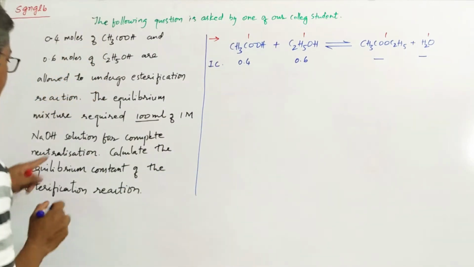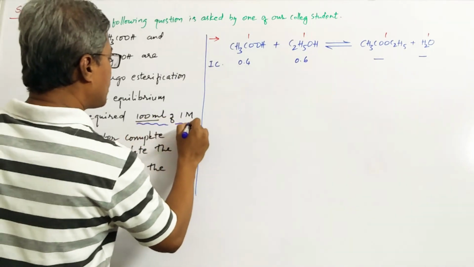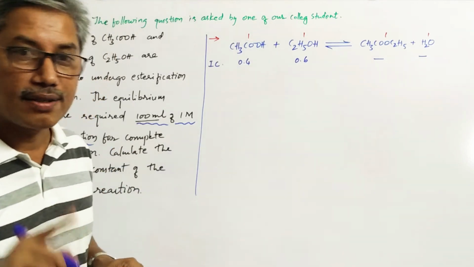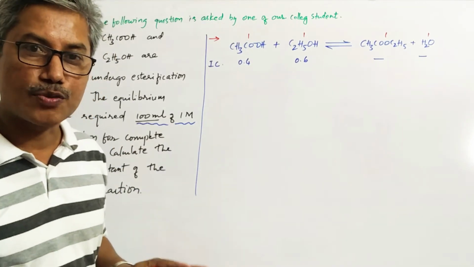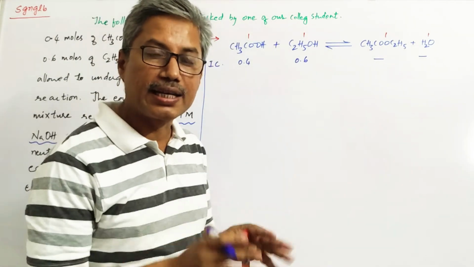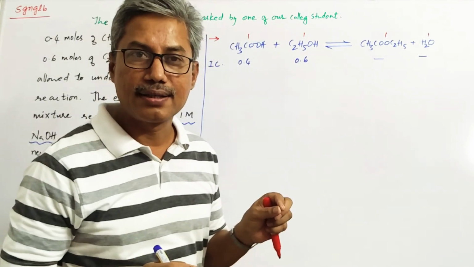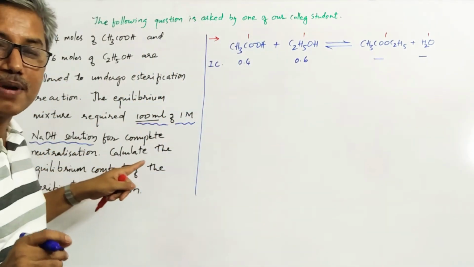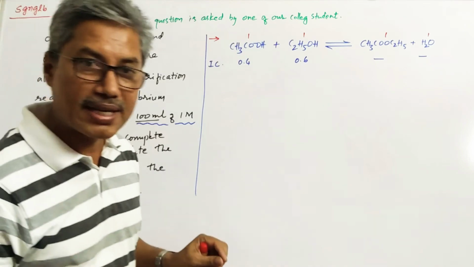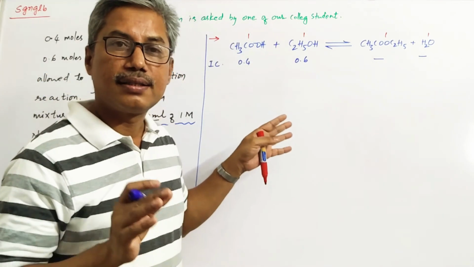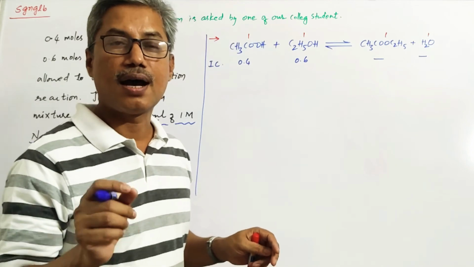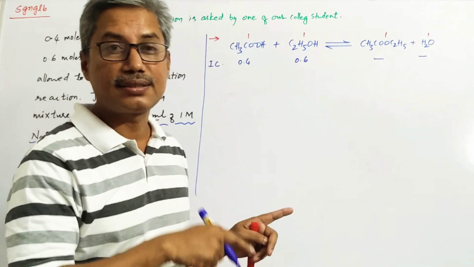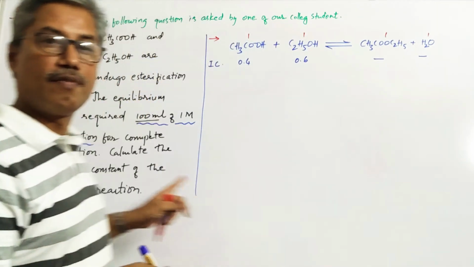See here, 100 ml of 1 molar sodium hydroxide solution is required for complete neutralization. It means that at the end, the reaction mixture has some unreacted ethanoic acid left, that is undergoing complete neutralization with sodium hydroxide.